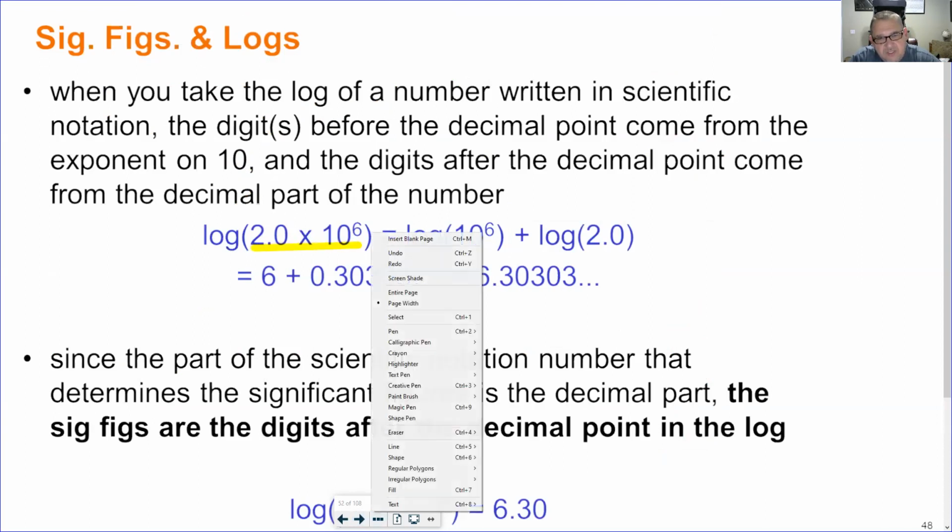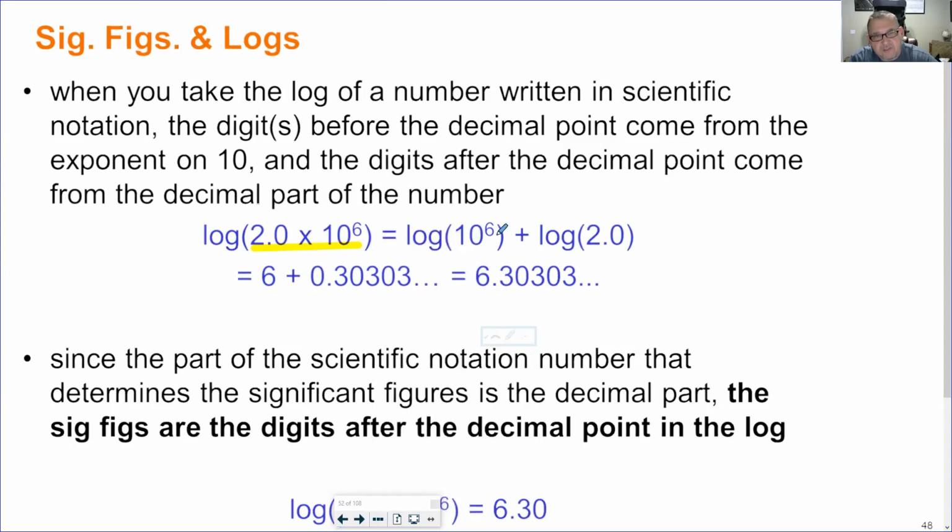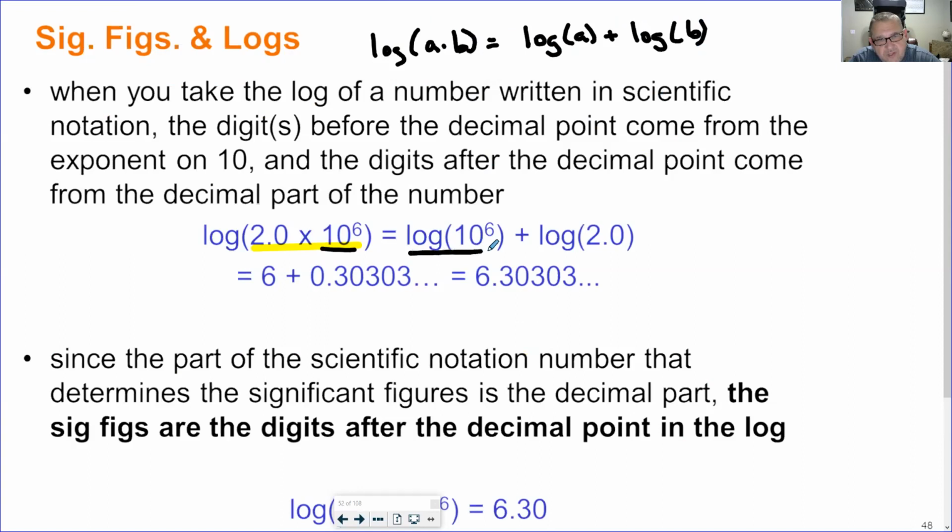Now I could use the associative property of a log, which says that the log of A times B is equal to the log of A plus the log of B. So I could break this number into two different terms: log of 10 to the 6 plus log of 2.0.